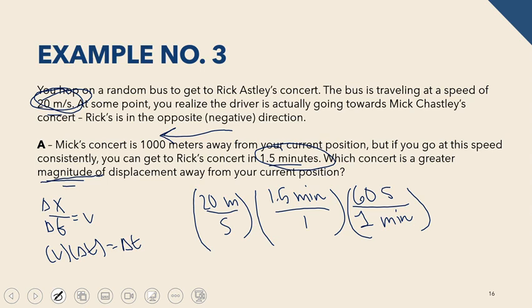Now, by multiplying 1.5 by this expression that's equivalent to 1, we can cancel out minutes and convert everything into seconds. Now we can also cancel out seconds, leaving our unit in meters, which is what we need because we're looking at displacement. And that multiplies out to 1,200 meters. So, Rick's concert is a greater magnitude of displacement away from our current position than Mick's.